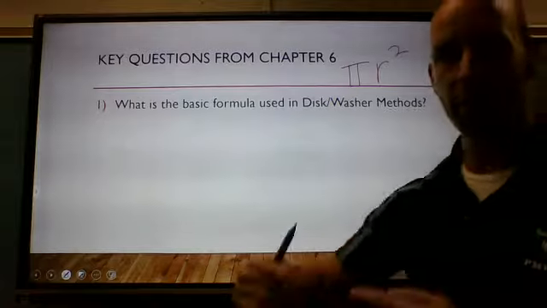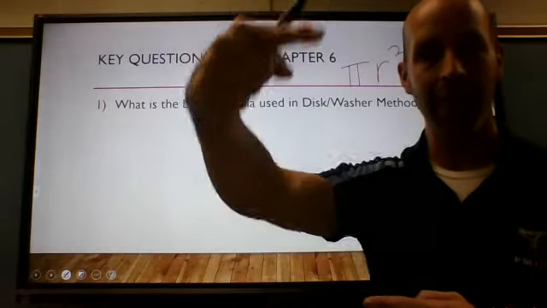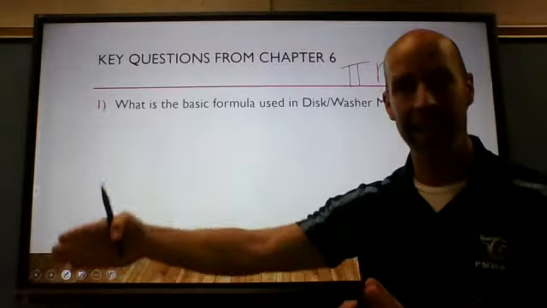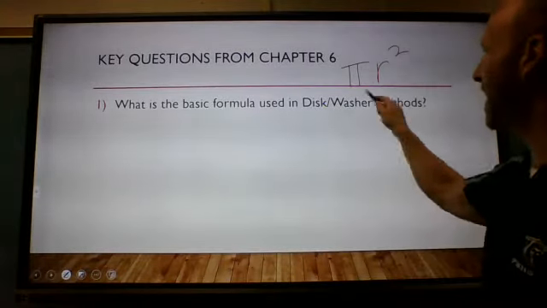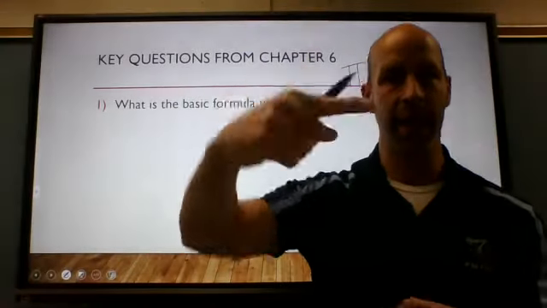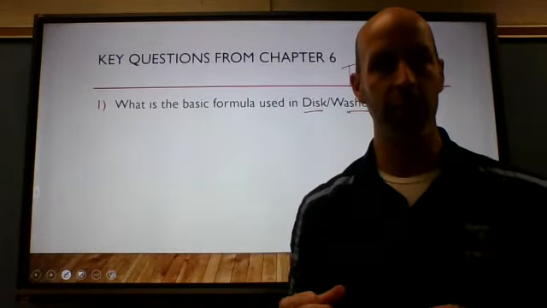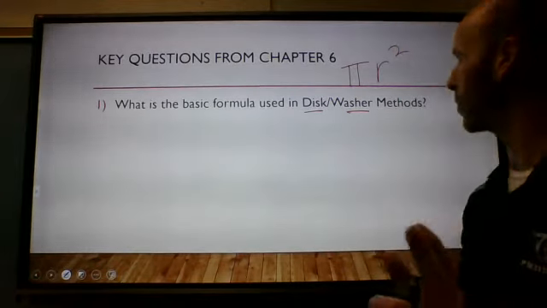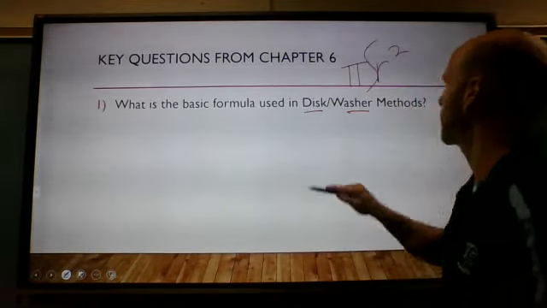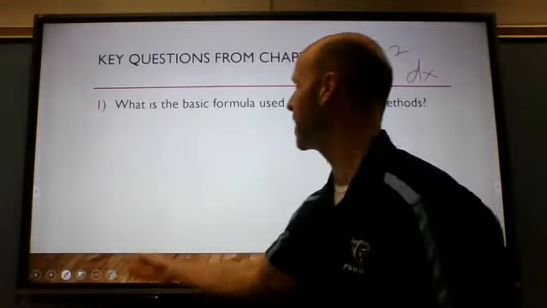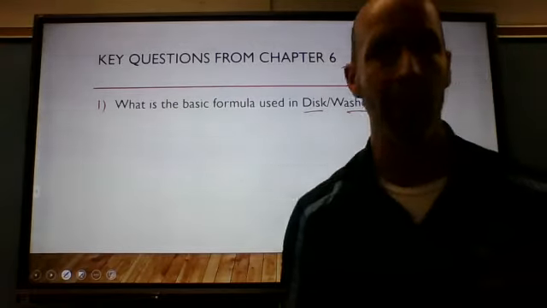Both of these, we're talking about revolving it around an axis, correct? We're revolving this around an axis, and then we're slicing it. Each of those slices is making a disk, and a washer just means we're taking the big disk and the little disk, and we're subtracting the inner disk out. Now, I don't know who said that, but whoever was jumping in there, absolutely, yes. We are going to integrate this thing, absolutely. So that's true. But the basic formula is simply pi r squared.